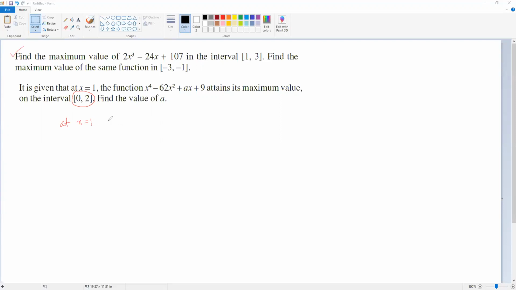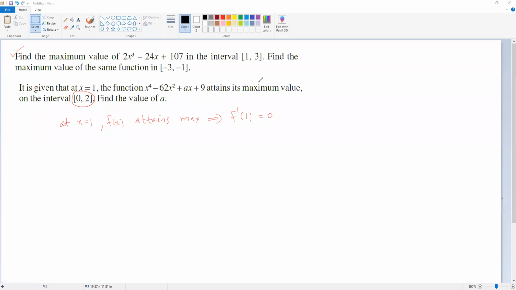At x is equal to 1, f of x attains maximum implies f dash 1 is equal to 0. That is the meaning.